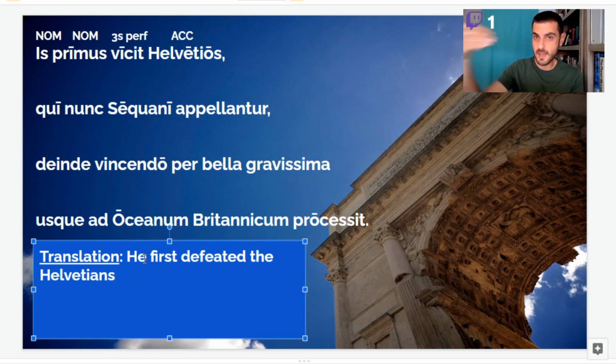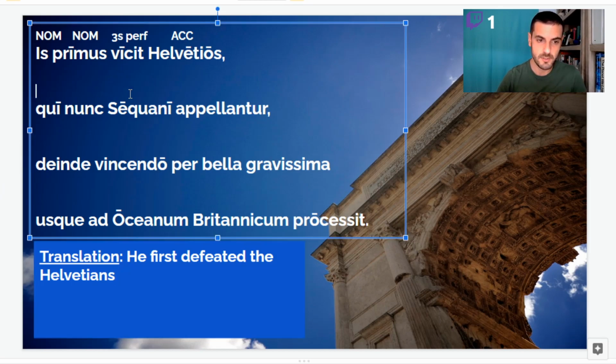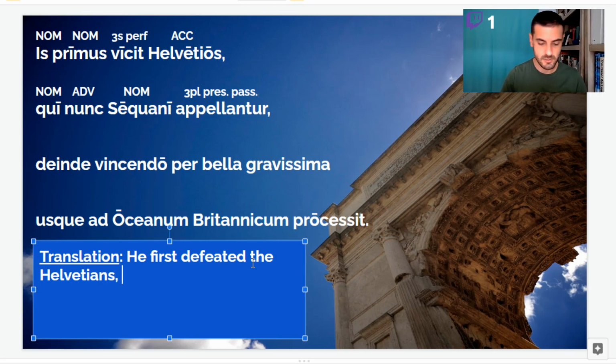If you go across the Alps into what the Romans called Transalpine Gaul, so Cisalpine Gaul is on the same side, Transalpine Gaul, you're into what would now be Switzerland. That's where he starts his conquests. So he first conquered the Helvetians, qui, another relative clause, qui nunc Sequani appellantur, so third singular present passive, appello, to call. So he defeated the Helvetians, who are now called, predicate nominative, the Sequani.